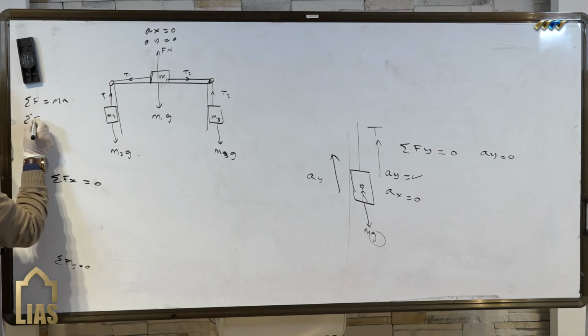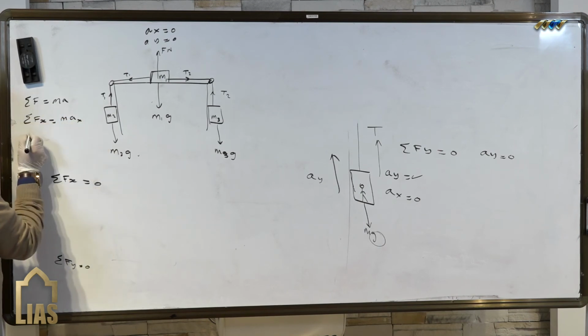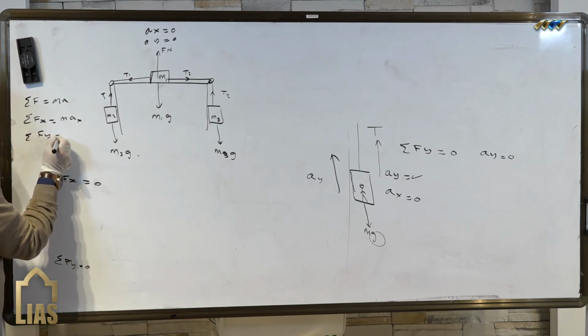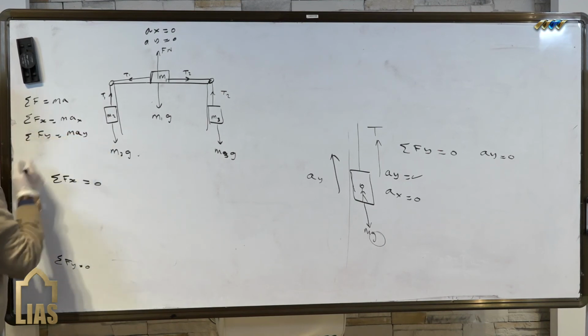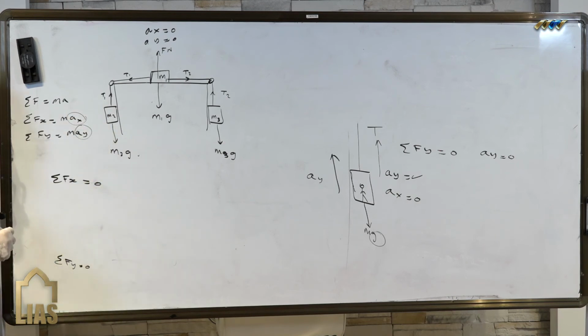Then sigma fx is equal to m ax. Sigma fy is equal to m ay. And we'll see in which direction it moves. Now the system is freeze like that. There's no movement.